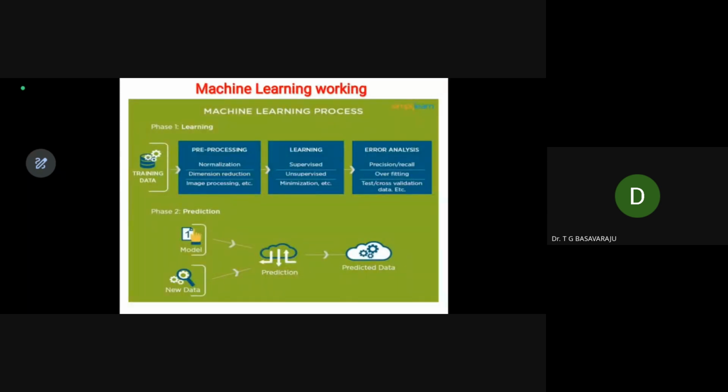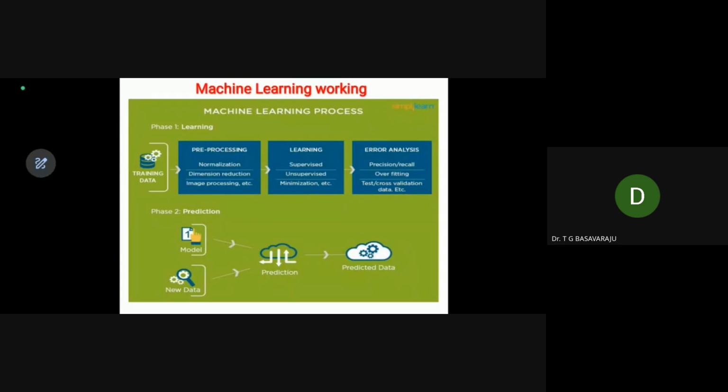So this is the basic structure. In phase 1, the learning phase, the training data is given and pre-processed, and learning happens in three ways: supervised, unsupervised, or even reinforcement learning. We do the error analysis using performance parameters like precision, recall and other things.